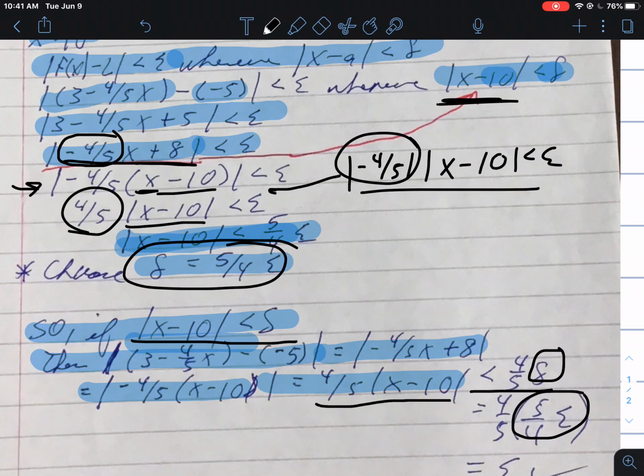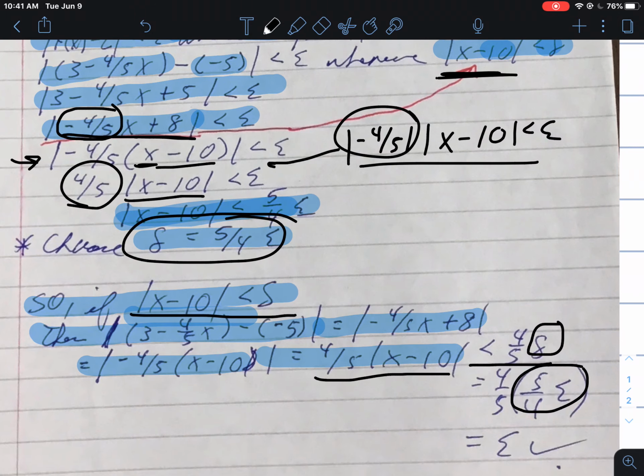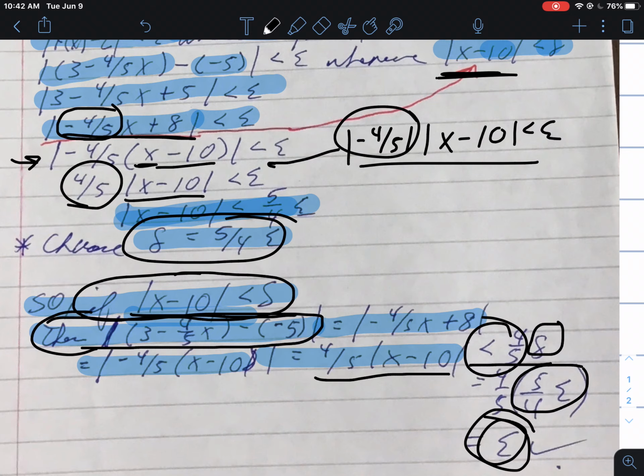And I've got 4/5 times 5/4 epsilon, which is epsilon. And you should always end up with epsilon there. So ultimately, like I said, this second part of this is saying that if the absolute value of x minus 10 is less than delta, then the distance between f of x and L is less than epsilon.